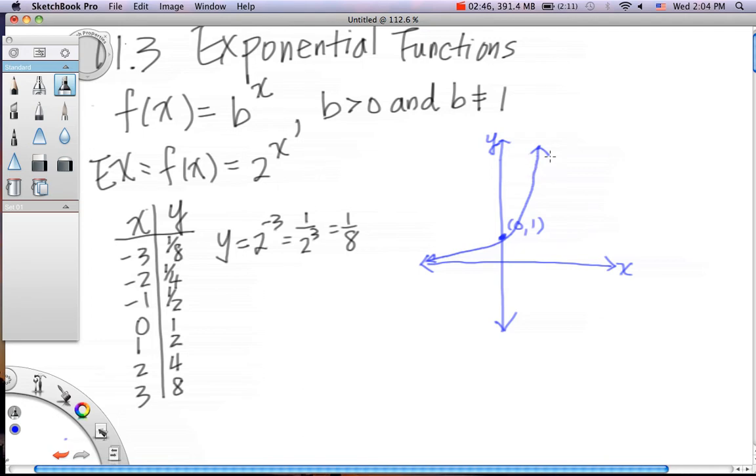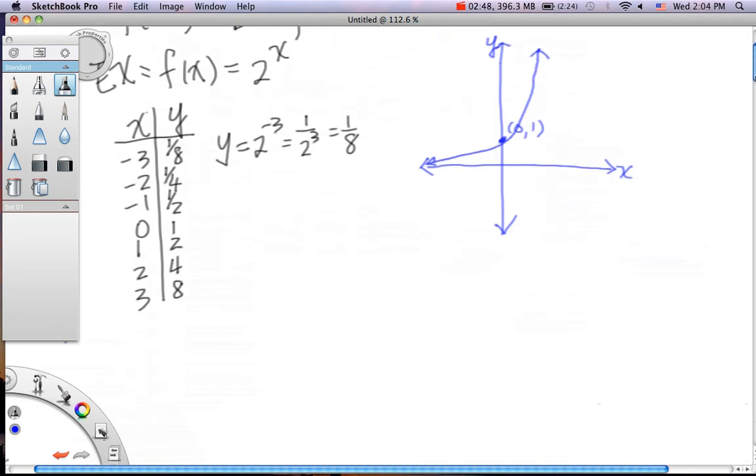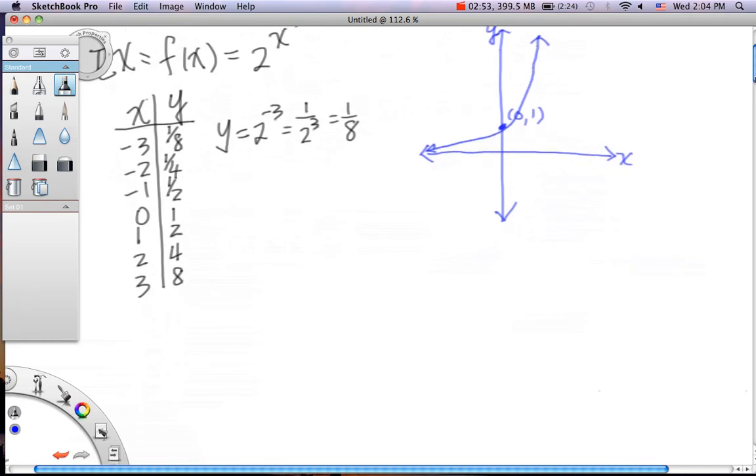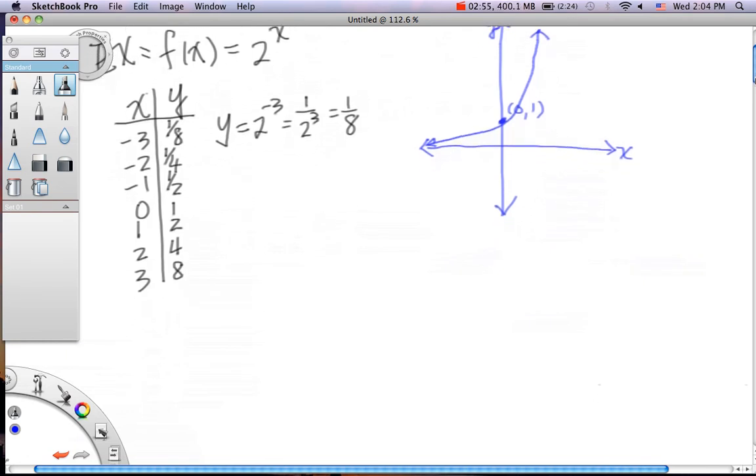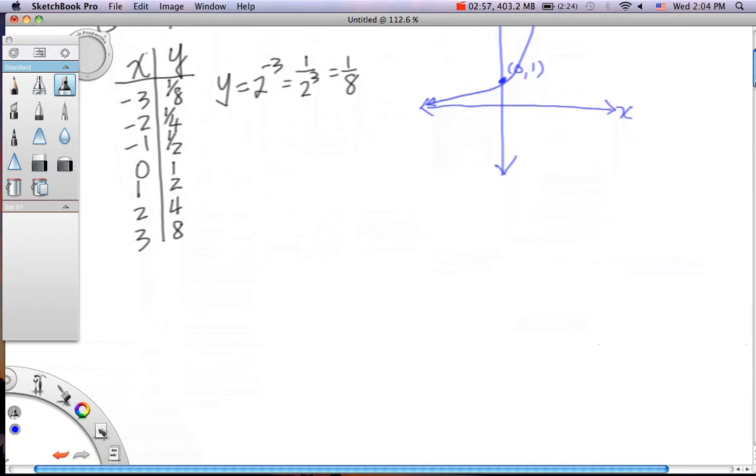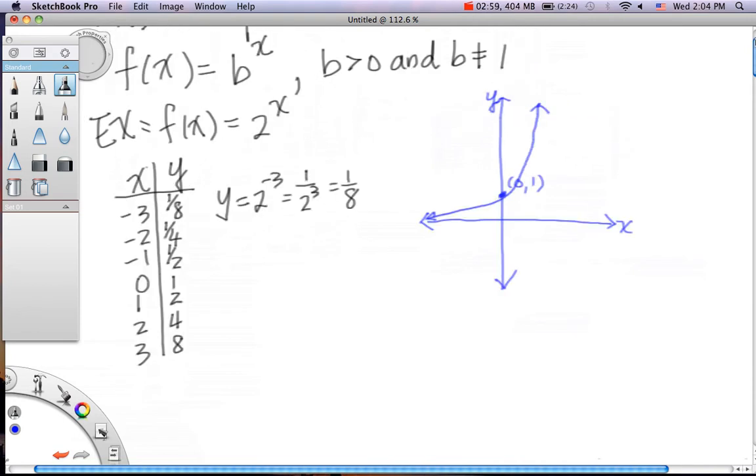Now what I would like you to do is think about some of the transformations we have learned from quadratic functions, and think about what a function would look like if I were to change a little bit of its components.